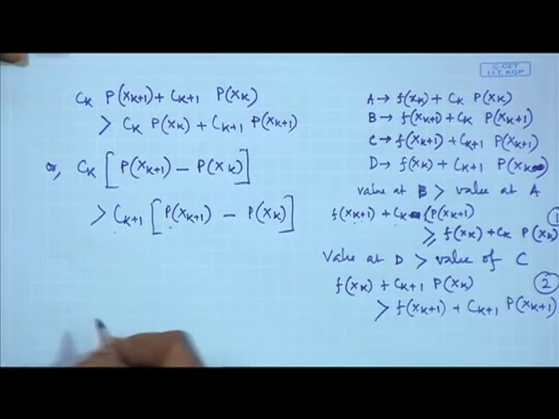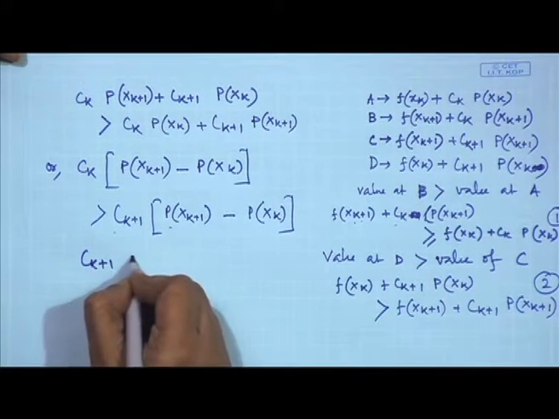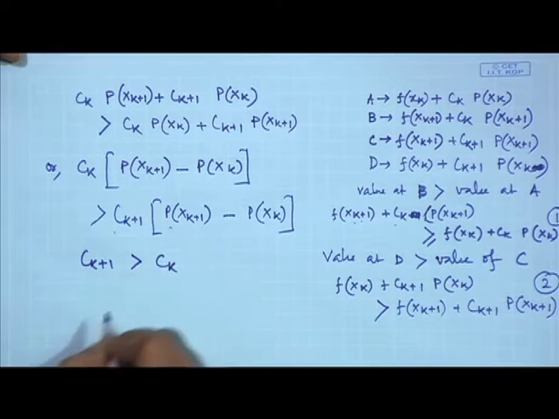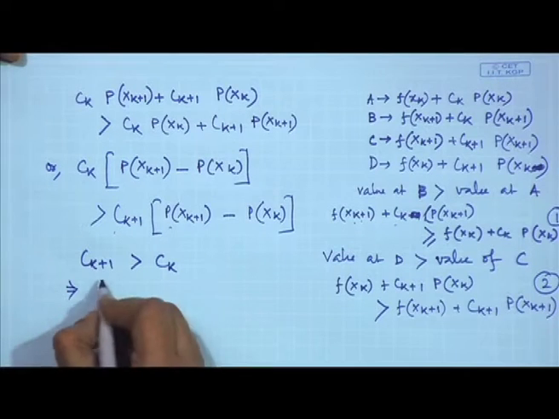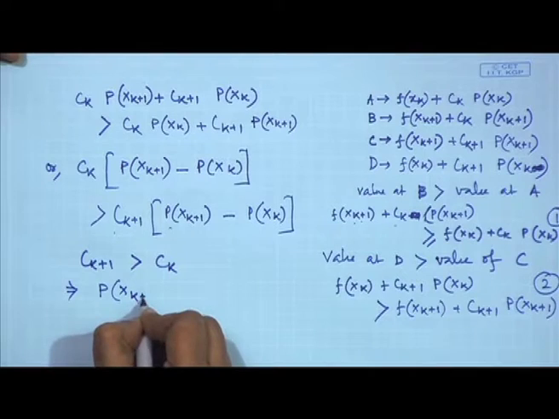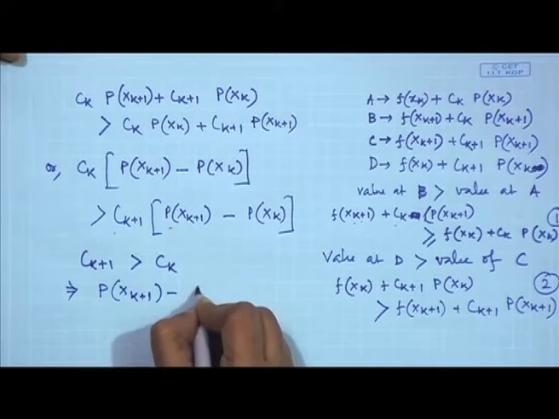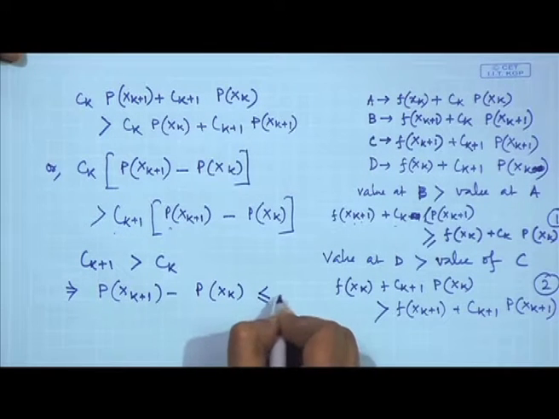All right. From here we know that c_{k+1} is greater than c_k. All right. Then from here what we can say, that p(x_{k+1}) minus p(x_k) must be less than or equal to 0.